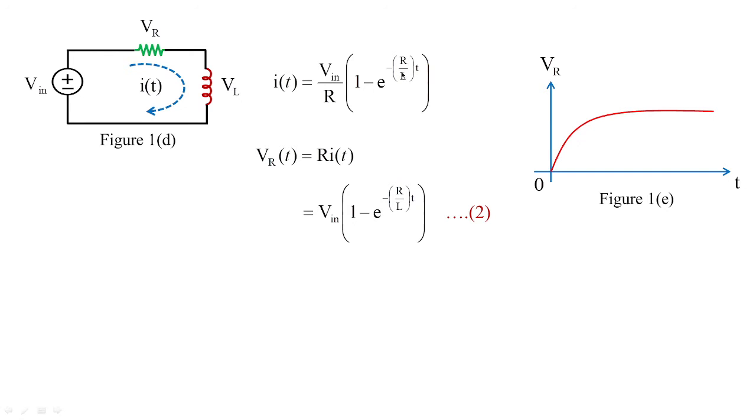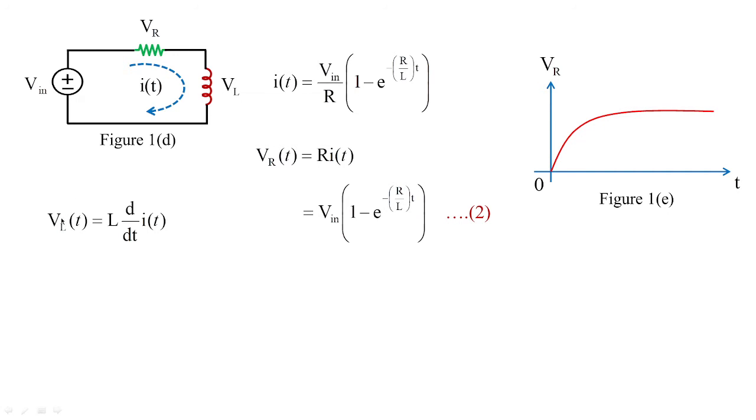R by L is the time constant; you just replace it with varying values of t, and this is the graph you obtain for the voltage developed across the resistor when V in is applied and I of t is flowing in the circuit. If that is true, what would be the value of voltage across the inductor?